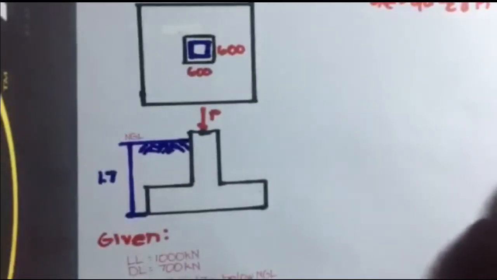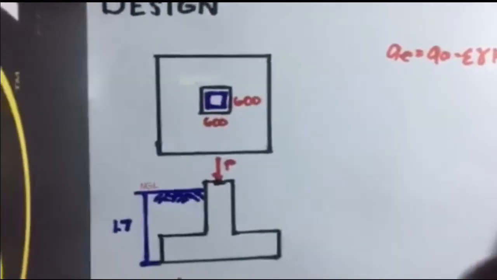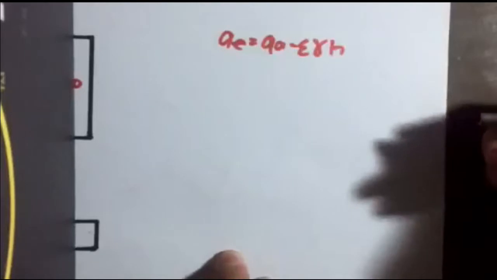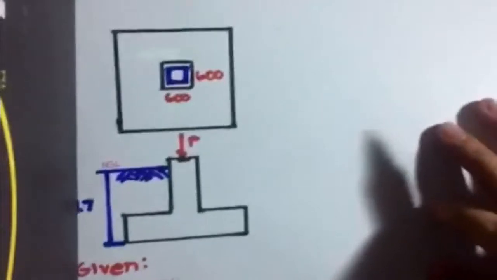So we need to try and test for something here. We need to just assume a value of H. So let's say H for concrete is 0.6 meters.